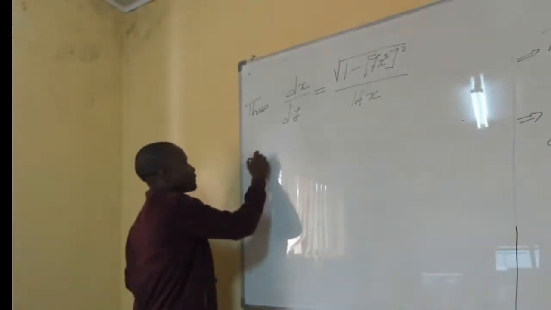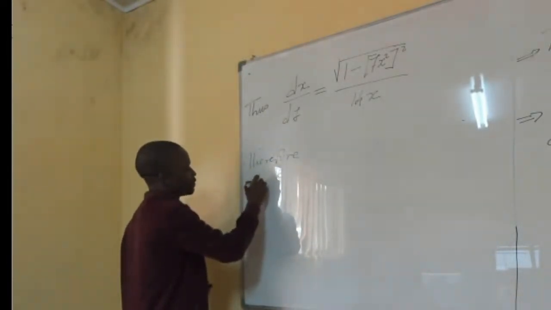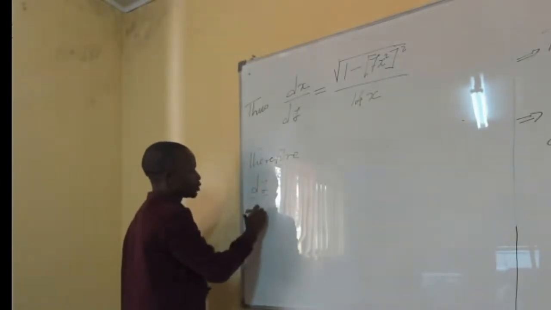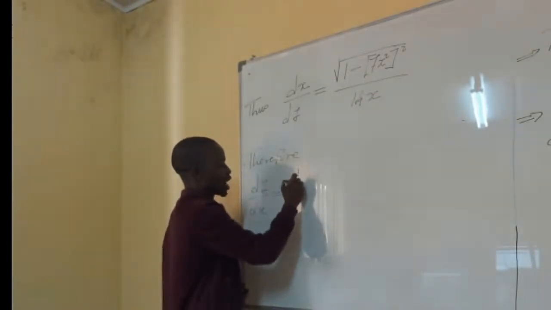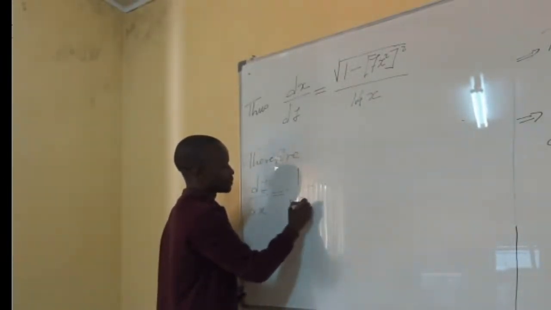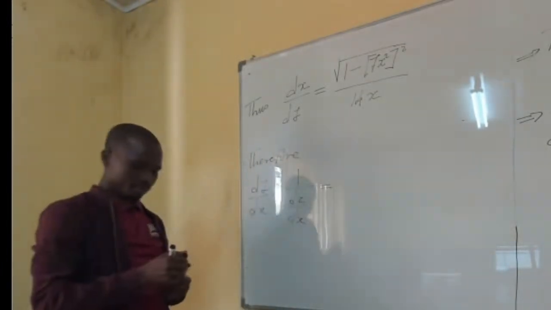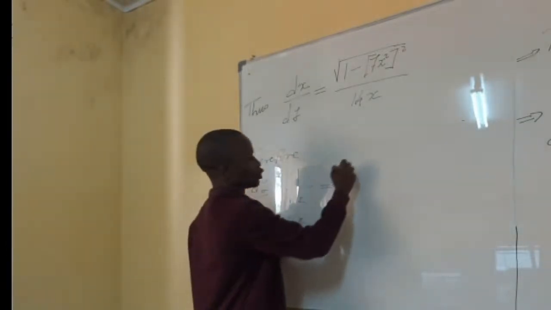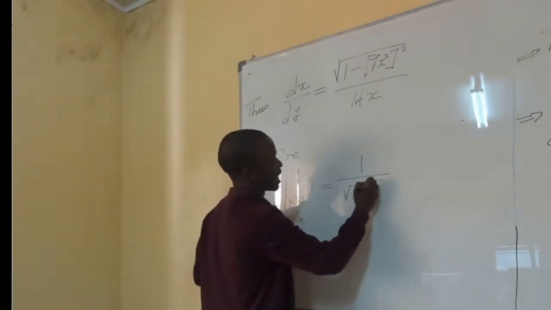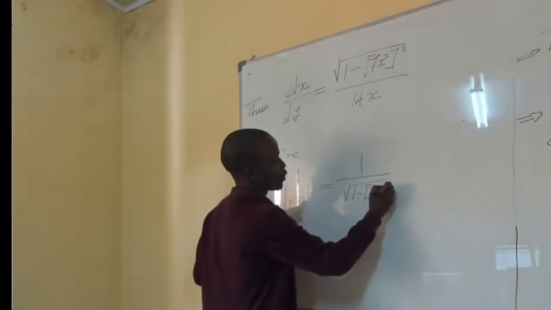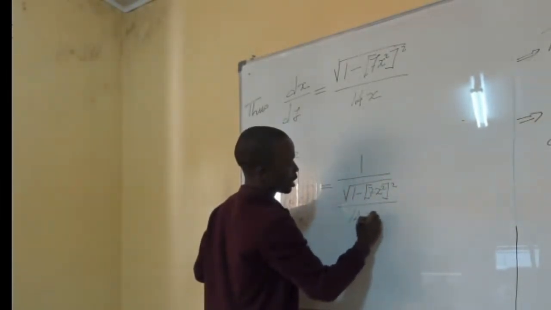Let me say now, therefore, the derivative of y with respect to x, when you reciprocate this, you also reciprocate that, which is just equal to 1 over the derivative of x with respect to y, which is just equal to 1 divided by the square root of 1 minus 7x squared divided by 14x.